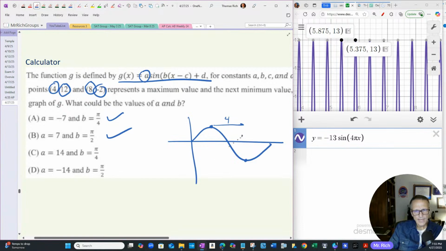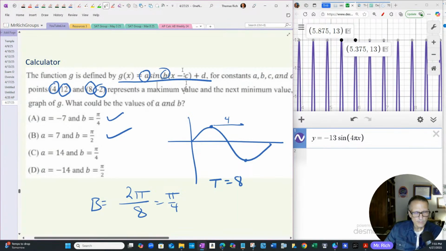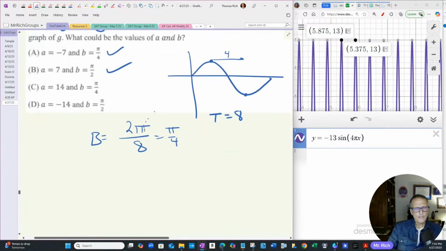That means the period has to be 8 units. And therefore, this b is 2 pi over 8, which is pi over 4. Remember, that's your coefficient in front of the x in your standard form for sine. It's 2 pi divided by the period. So I used this distance 4, doubled it to get the entire period, and now I know A has got to be my answer.